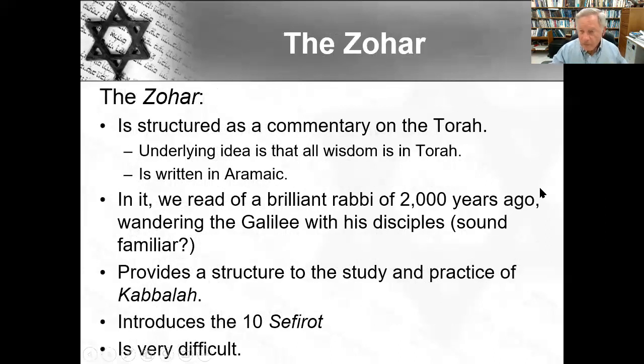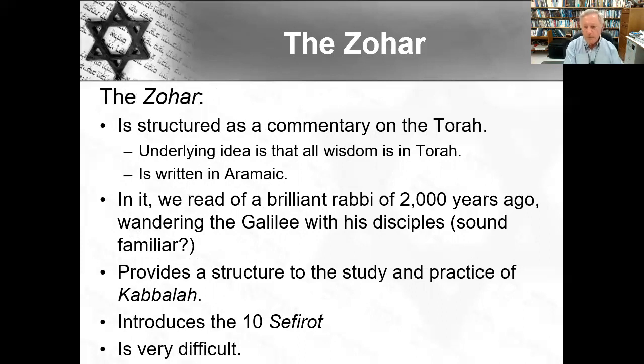So the Zohar is structured as a commentary on the Torah. And this is actually pretty important and fundamental. The assumption in Judaism is there is nothing deeper or closer to God than Torah.